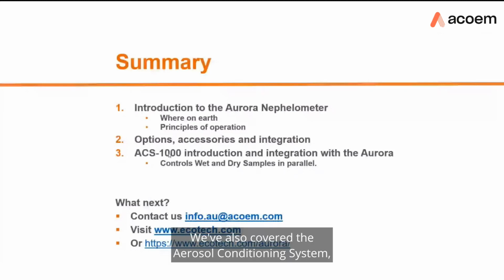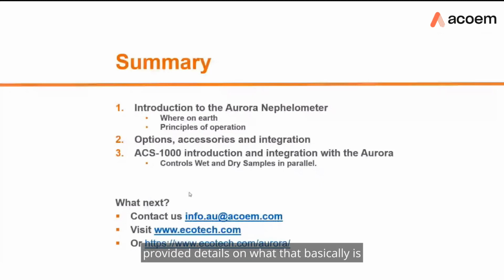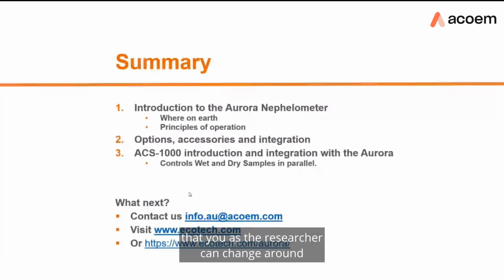We also covered the aerosol conditioning system, provided details on what that basically is and how it integrates with the Aurora, remembering that it essentially controls two samples in parallel. You can have a wet and a dry, or all sorts of different combinations that you as the researcher can change around what the order is, as for different studies you may want to condition the sample differently.